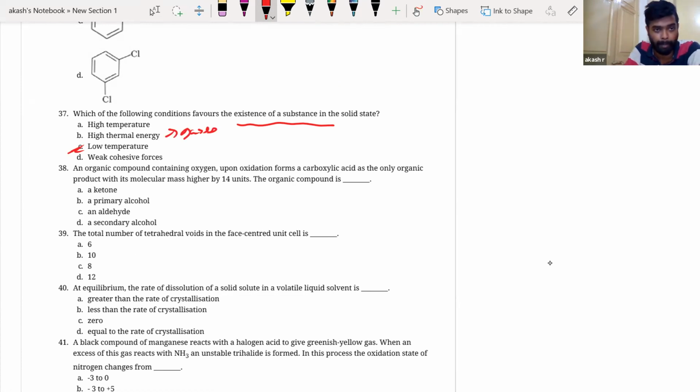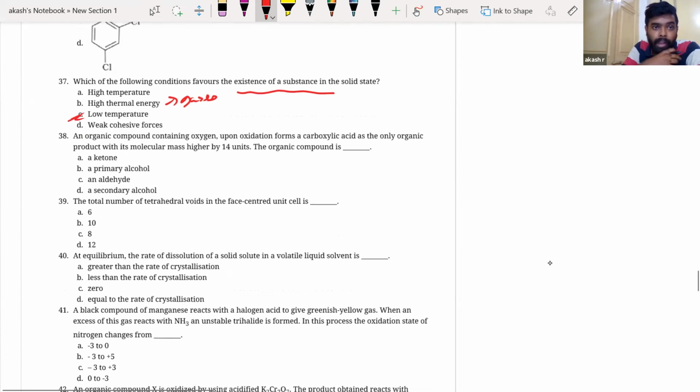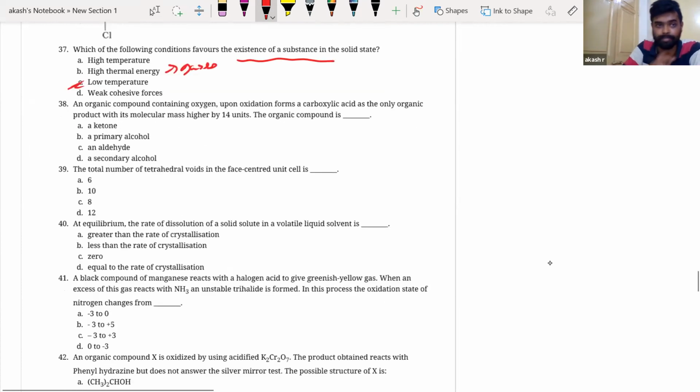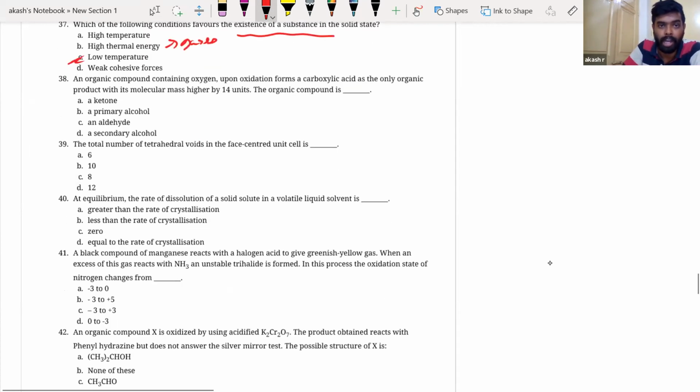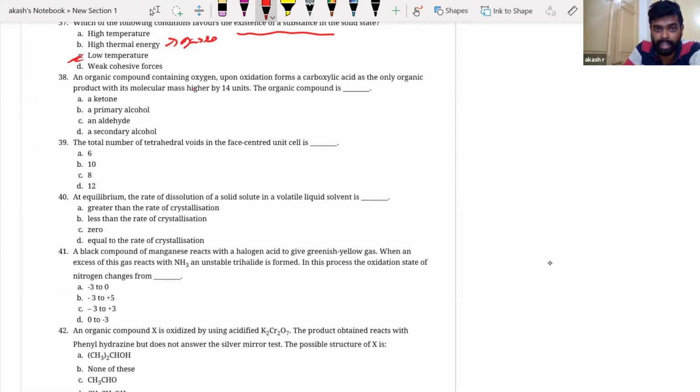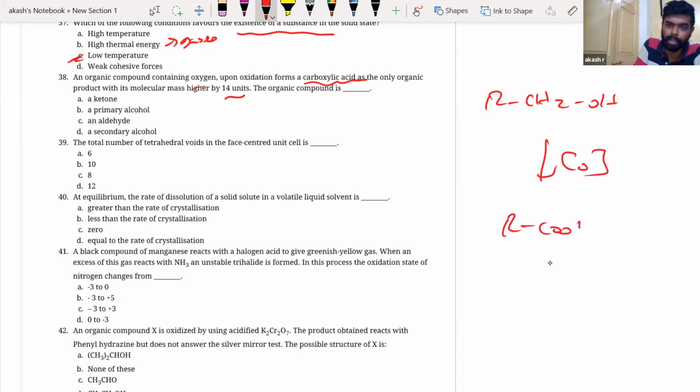Okay, fine. Next. An organic compound containing oxygen, upon oxidation, forms a carboxylic acid as the only product, and the molecular mass is increasing by 14 units. Now let us understand. Say, if I have RCH2OH, if I go for oxidation, it is forming RCOOH.